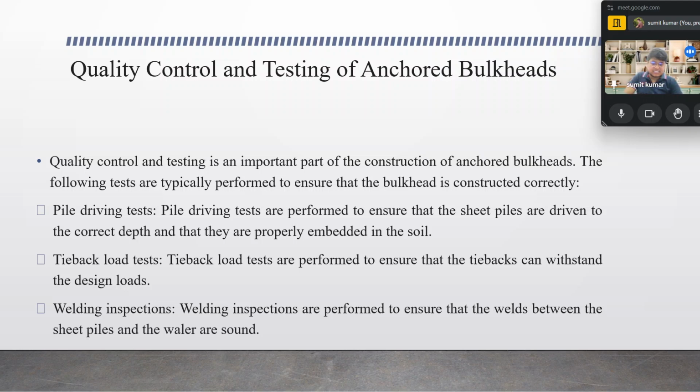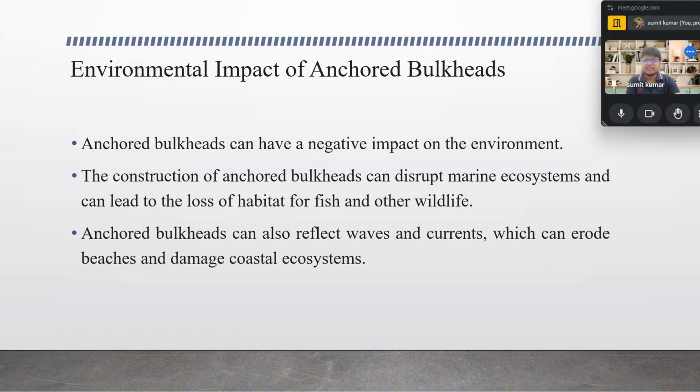As we have seen, these connection types and components of the embedded bulkheads are used in the gravity bulkheads and in the cantilever bulkheads earlier as well. Right. Now we talk about the environmental implications of the anchor bulkhead. As we already know, it could affect the marine ecosystem in a way.